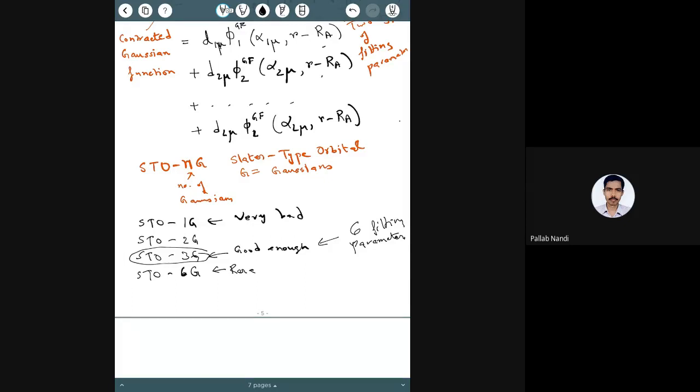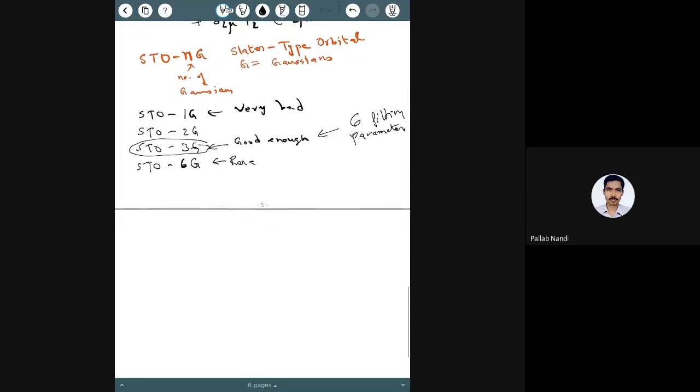And how do you find out these values? You basically take the least square fitting of the Slater orbital you want to represent with the Gaussians.